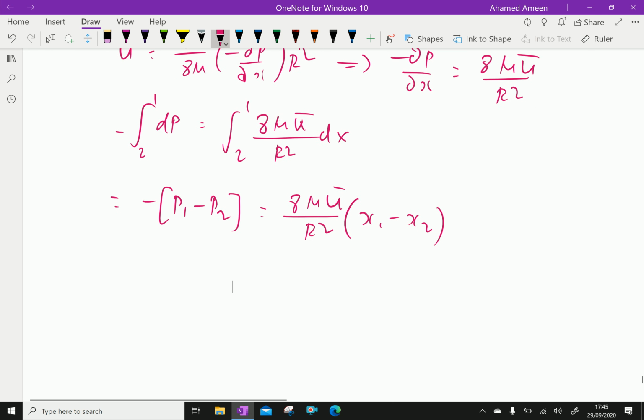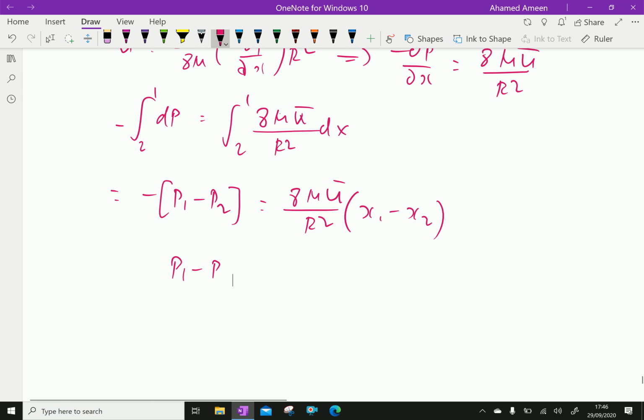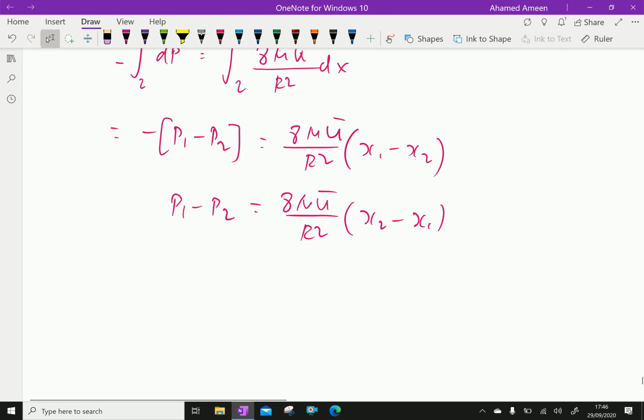Therefore we can tell p1 minus p2, with the minus going to this side, will be 8 mu u bar over R squared (x2 minus x1). So here x2 minus x1 we will keep as L, that is 8 mu u bar over R squared into L.